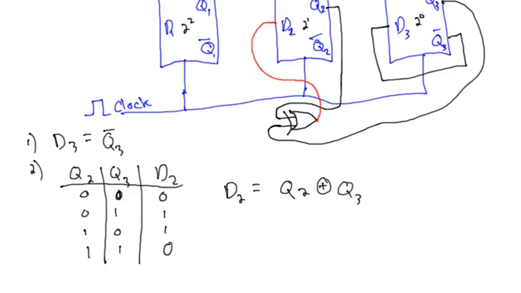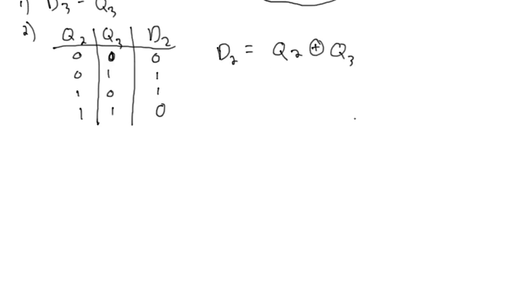Let's get to the third one, which I think is going to be the hard one. So this is going to depend on all three of them. In other words, it depends on Q1, Q2, and Q3.